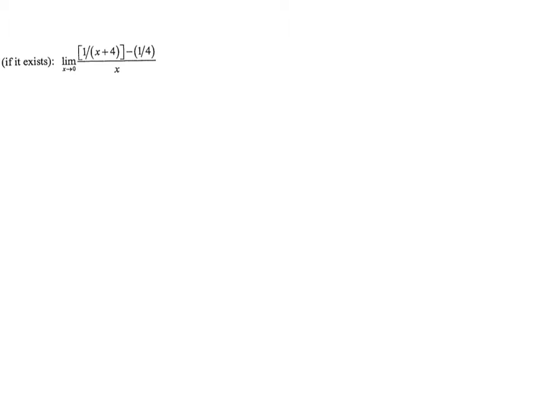So one of the first things we'll do is just maybe rewrite this so it's in a little bit of a nicer form. Again, just kind of paying special attention to the fact that we should be writing this limit idea in front. I just feel like the fractions look a little messy. So just want to remind you that the first one really just means this, 1 over x plus 4.